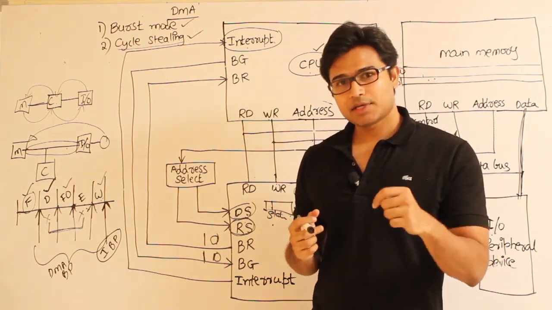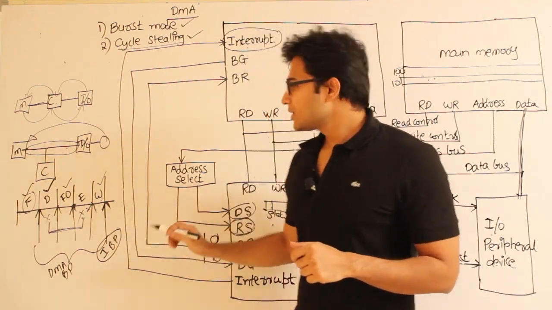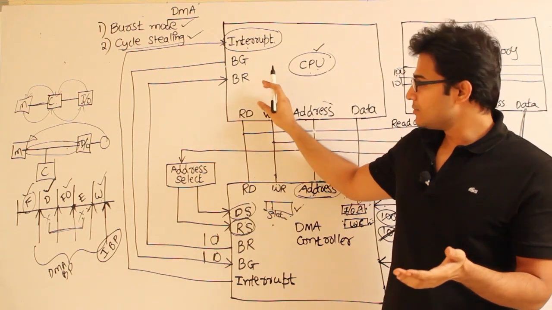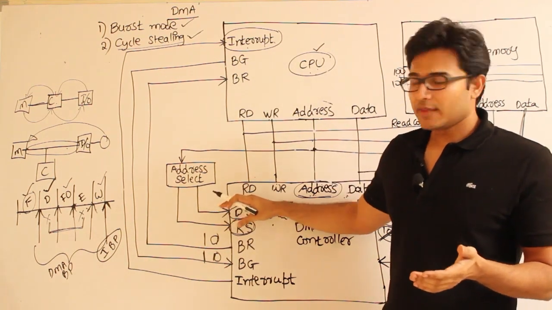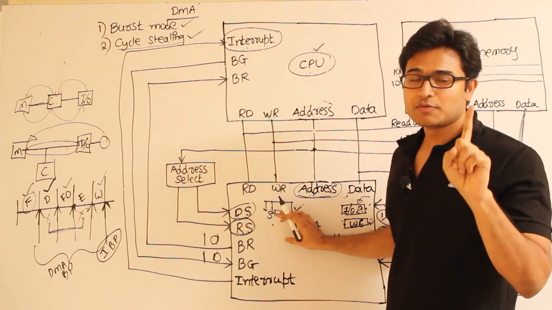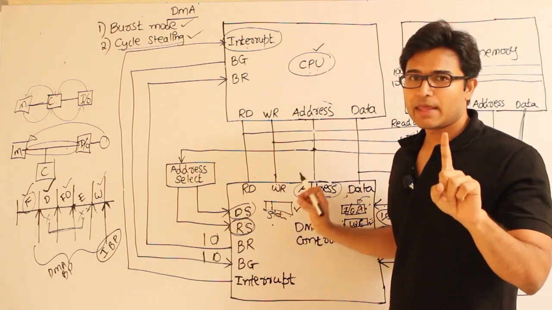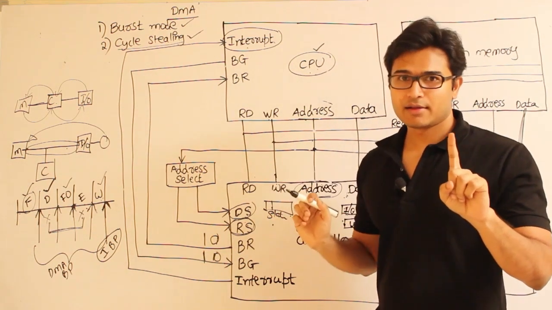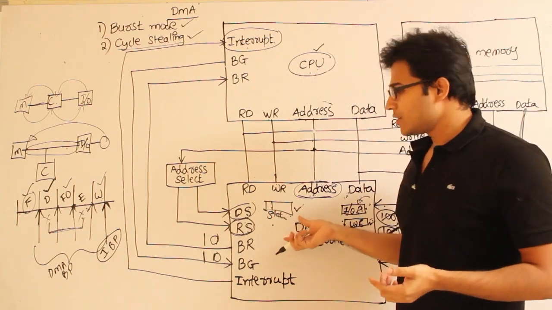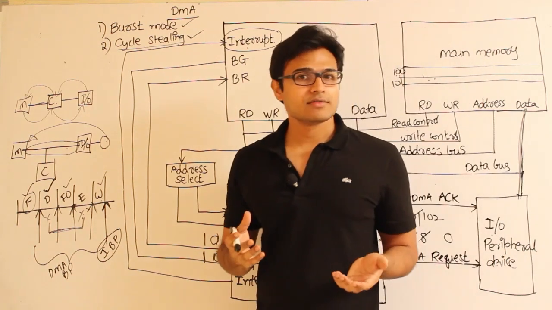And some textbooks say that cycle stealing means asking the CPU for this cycle and the CPU will grant you the cycle, then our DMA controller will transfer only one word, which means it will use the bus for only one memory cycle, and then it will immediately give it back, and then the CPU will use it for some time, and after some time our DMA will use it again. So there are these 2 ways of saying it.